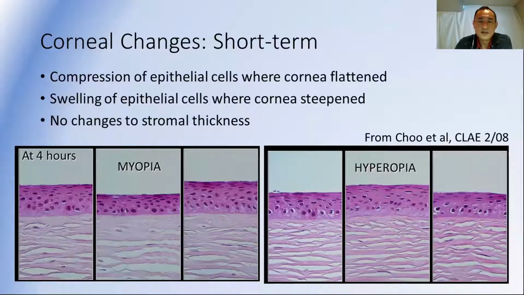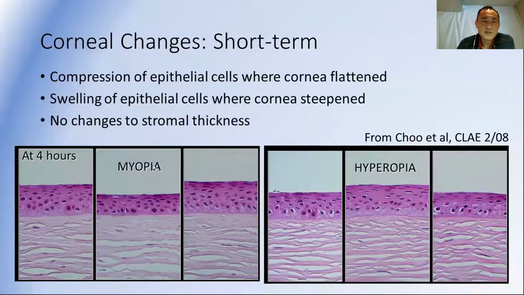This was a histological study that was done by Jennifer Chu out at Pacific University. She actually put some Ortho-K lenses on cats and had them sleep with the lenses, and she looked at the changes in the corneal epithelium and stroma at short-term time lengths and actually longer time lengths.